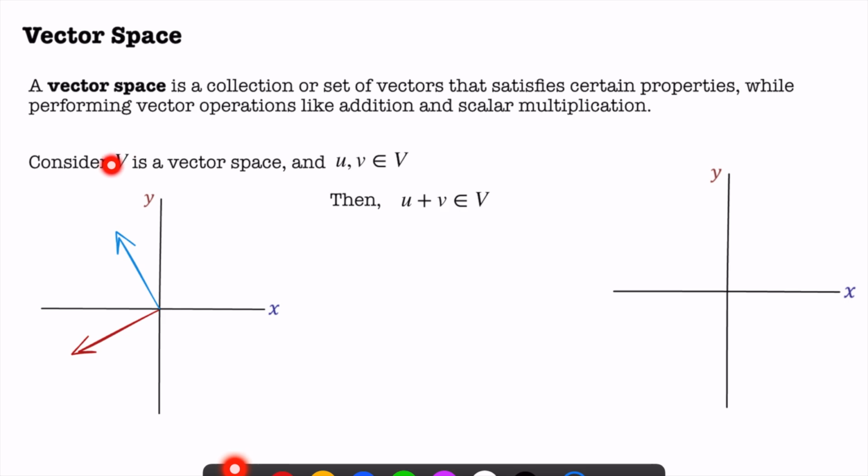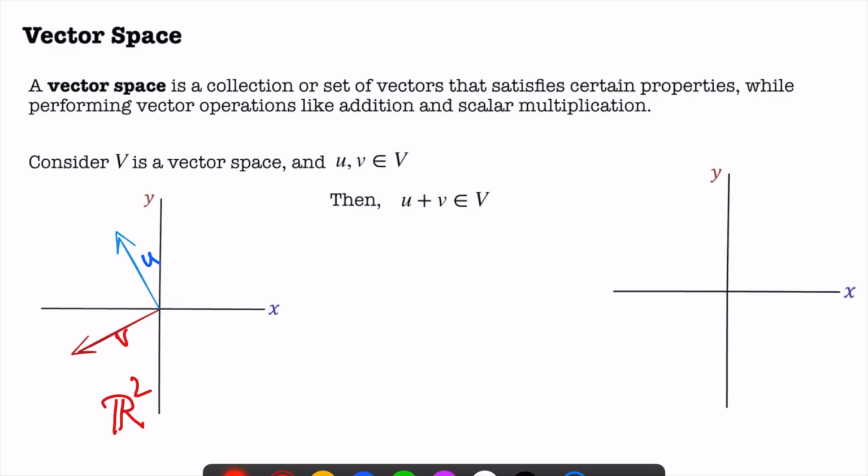Consider this capital V, this is a vector space, and u and v are two vectors in this vector space. Then u plus v also should be in this vector space. Consider this is R2, with x-axis and y-axis, and we have two vectors, this is u and this is v. u and v belong to this R2.